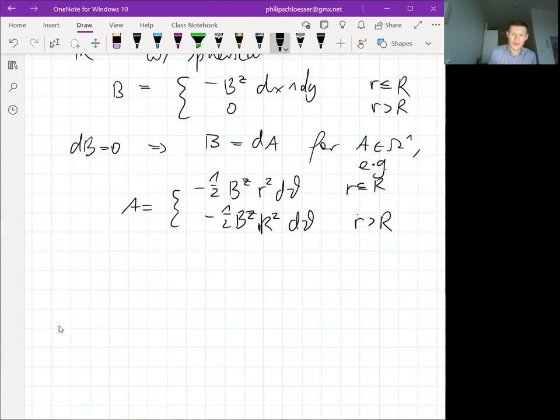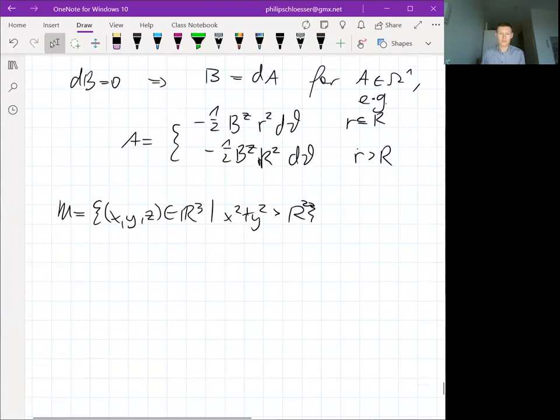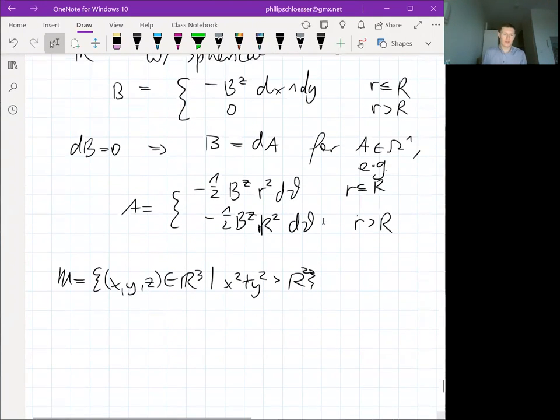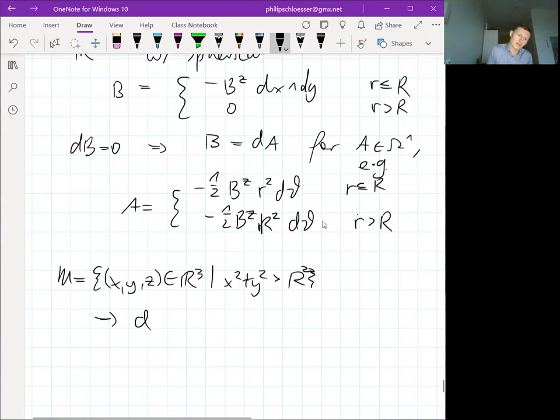Because now we remove that cylinder from our space. So we consider M, which consists of those points in R3 where x squared plus y squared is bigger than r squared. Then we know that dA is just equal to B on that space, so it's equal to 0.